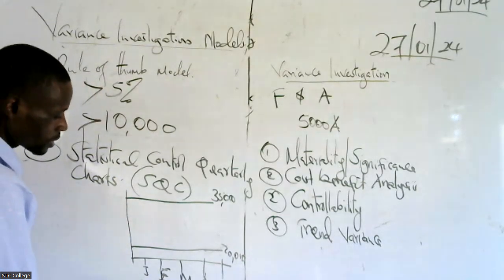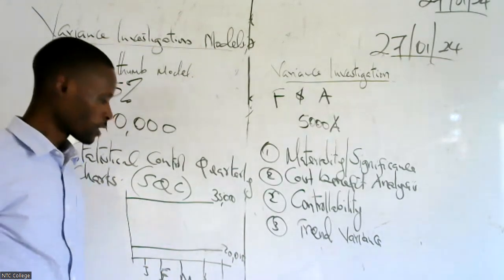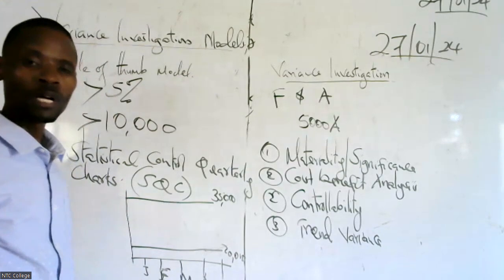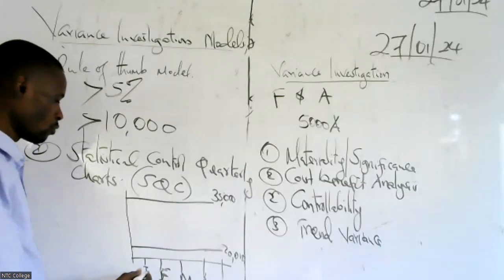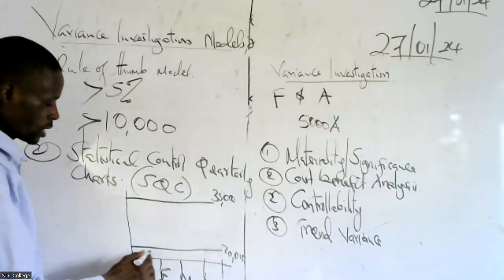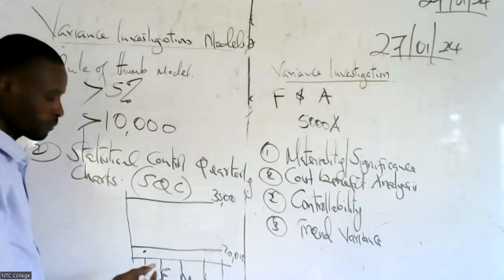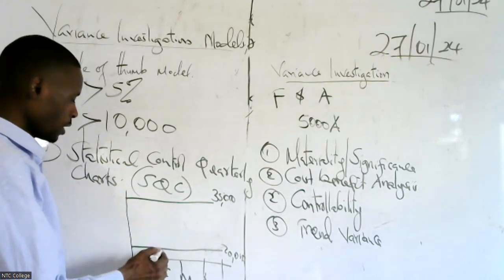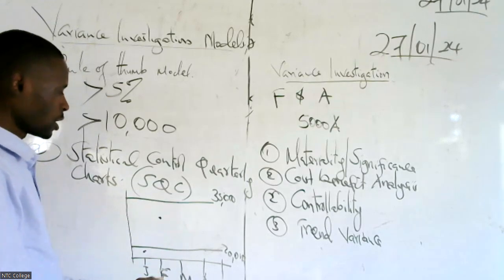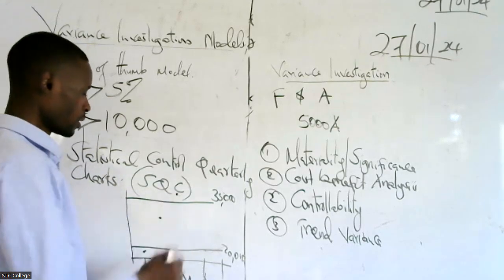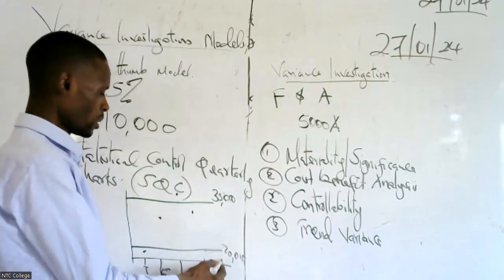So in that case, we need to plot the material usage in kgs in the month of January. If we consumed less than 20,000, maybe 17, we can put a dot there. February, maybe it is 25, in between there. March, maybe 40, above. April, within. May, below.